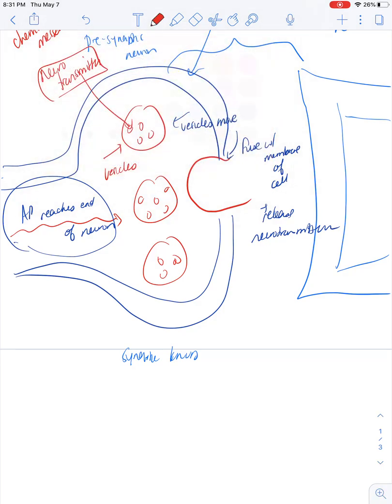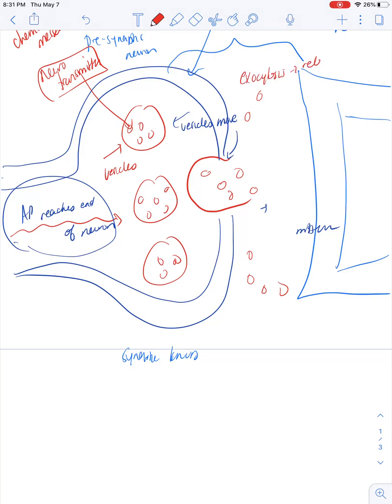So you're going to get the neurotransmitter being released like this, and these neurotransmitters are now in the synapse. When you release those neurotransmitters, that's called exocytosis. So exocytosis means you release the neurotransmitters.